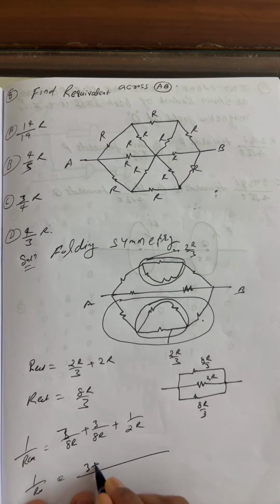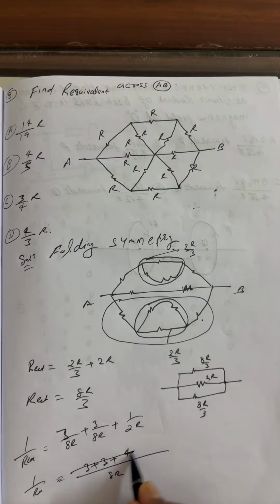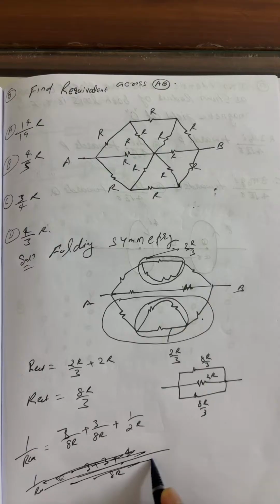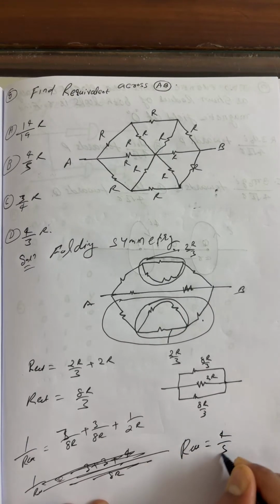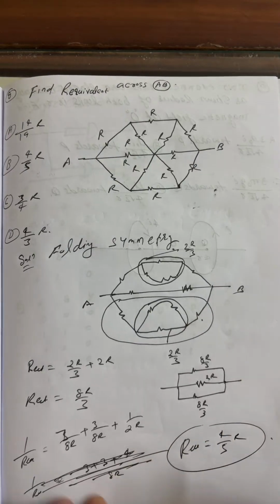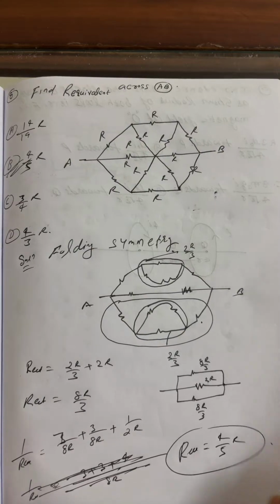So this is 3 plus 3 plus 4 upon 8R. Hmm, no, there is something wrong here. Further, R equivalent we will get is 4 by 5R. Hence, option B is correct.